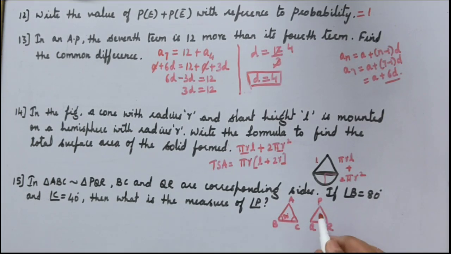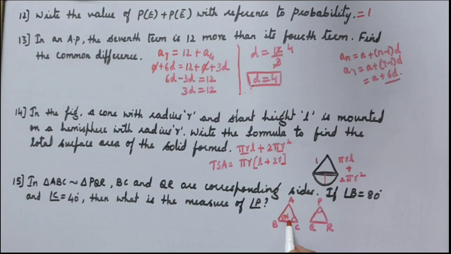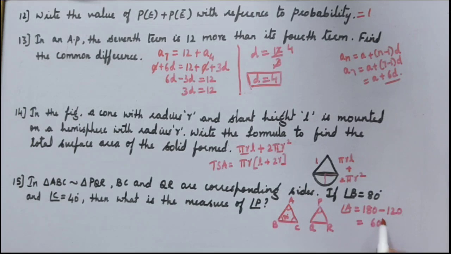Then what will be the measure of angle P? 80 plus 40 is 120. Then what will be the angle A? Angle A equals 180 minus 120. We get 60 degrees. When angle A equals 60 degrees, the angle P is also 60 degrees.